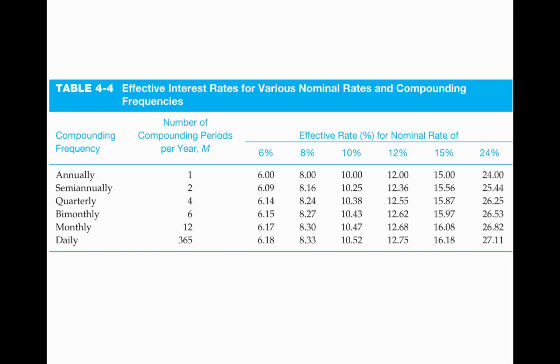Here is a table that summarizes what concept we saw in the lecture on Wednesday. Remember that one of the ideas introduced on Wednesday was the difference between the nominal interest and effective interest. Nominal interest is when you are quoting an annual interest rate without taking into account the effect of compounding.